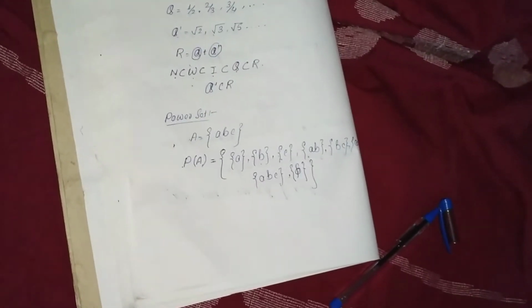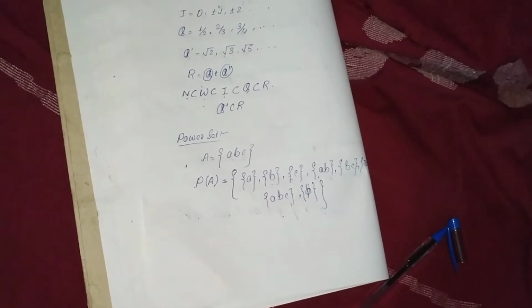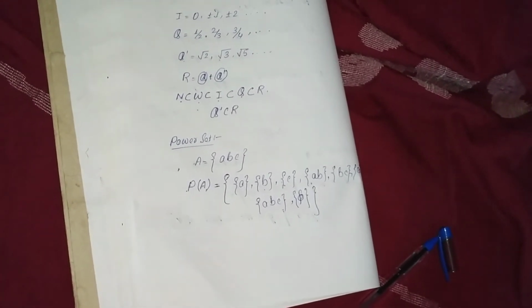Can you tell me how many subsets are available in a particular set, or how many power set are available in a particular set?